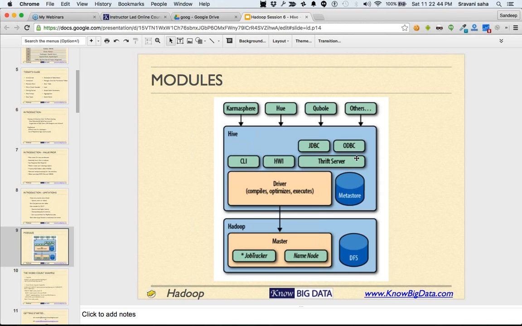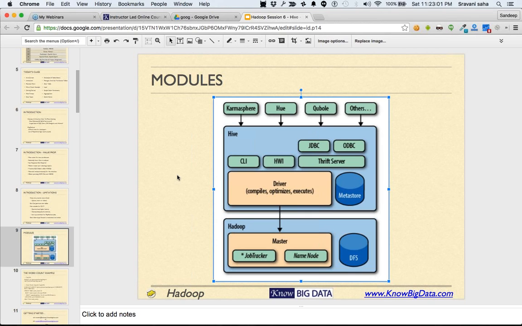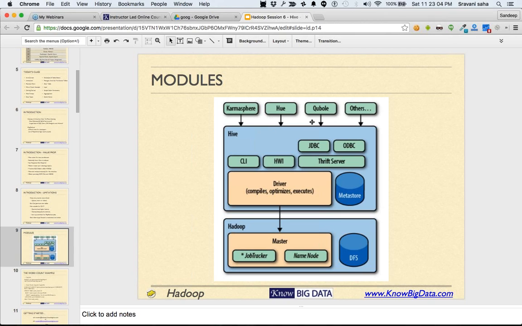Hive has something called HiveServer, which is basically a JDBC server. In the project you will be doing, you will talk to this JDBC server, through which you talk to the Thrift server, and then to the driver. Since you will be querying the data from your Excel sheet onto our server, you will be talking to this JDBC server.